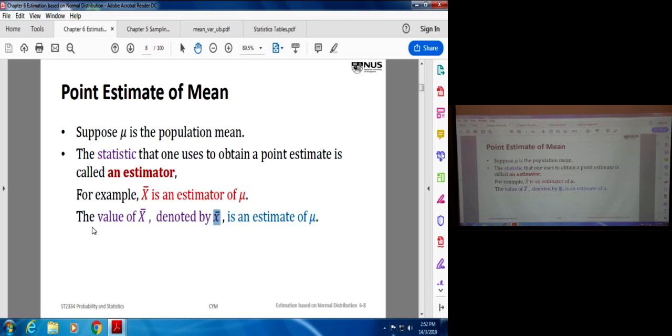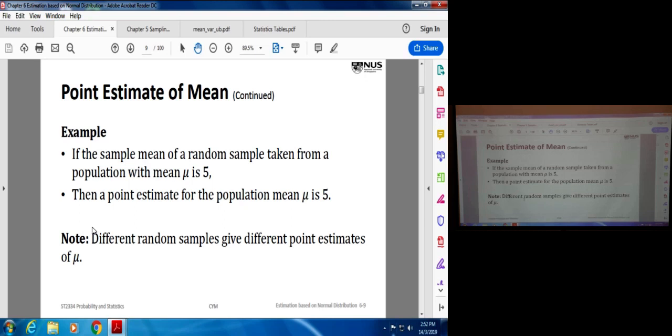The significance of this x bar, which is highlighted in front of you, is that it is a number which you can get on the basis of the data. If I change my data set, my estimator most likely will change, unless I have something funny going on. So that is a known number, whereas X bar written as a capital is a random quantity. There is a difference between the notations.